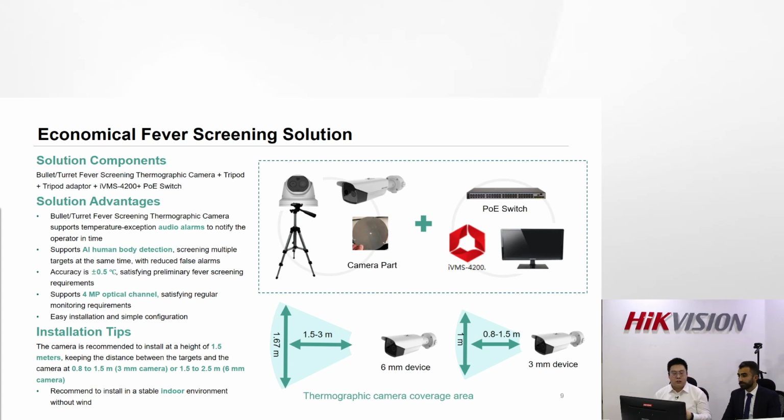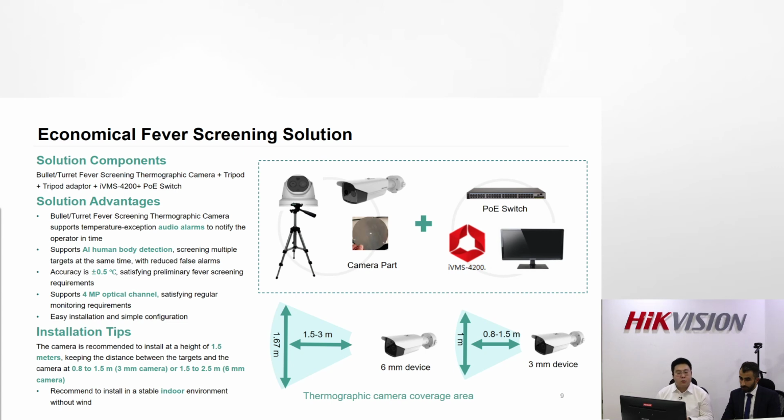And the last solution is the economical fever screening solution. Actually, this solution is very similar to the professional fever screening solution we talked about before. The main difference is that the types of lens are different, with 6 millimeters and 3 millimeters lenses.